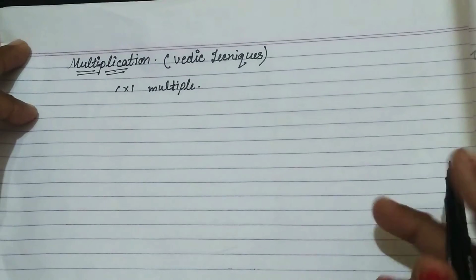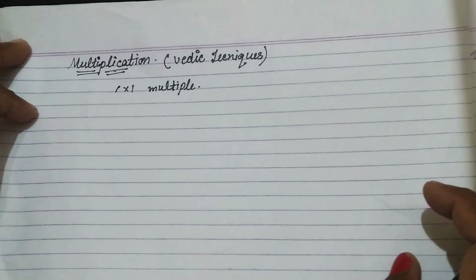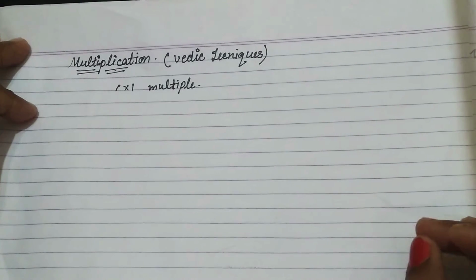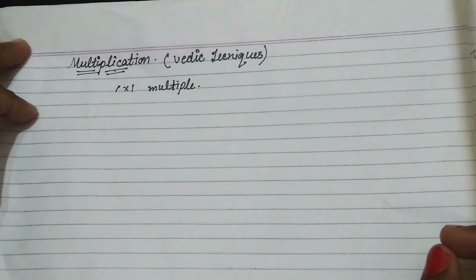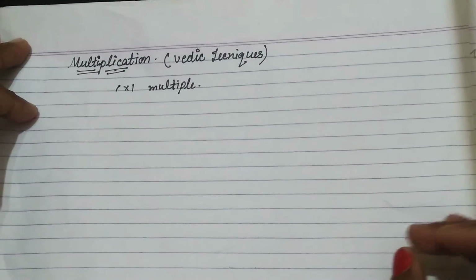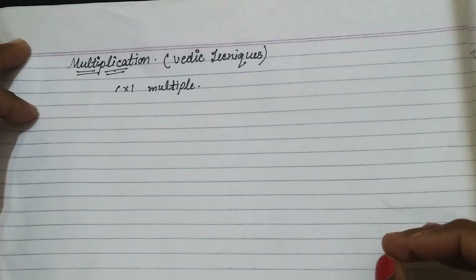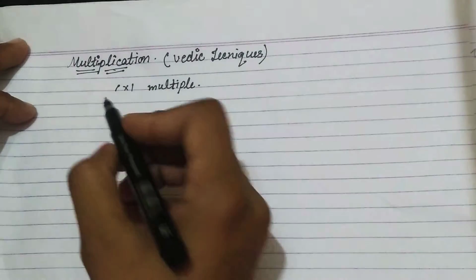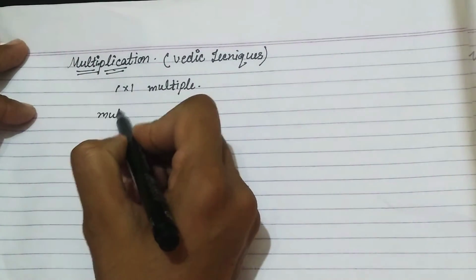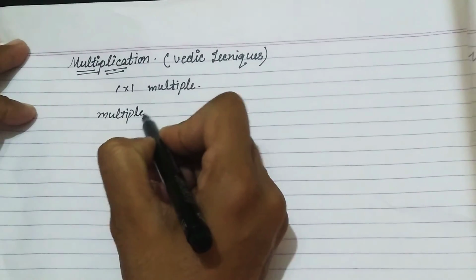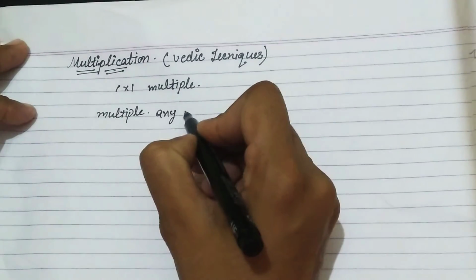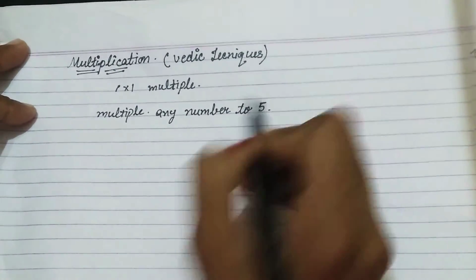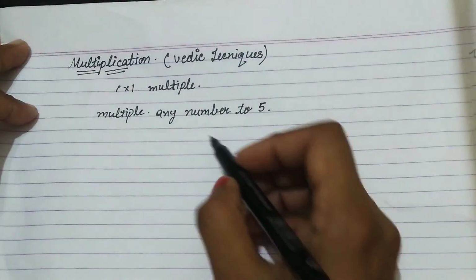I know this is a very easy topic, but my motive is to teach techniques which we can use to reduce our multiplication time, and we get the answer within seconds. So, as we multiply any number by 5, let's see what to do.